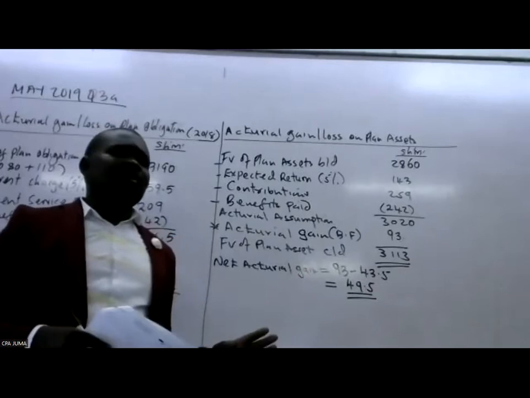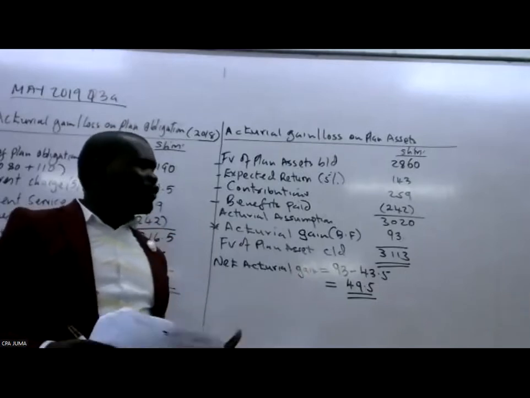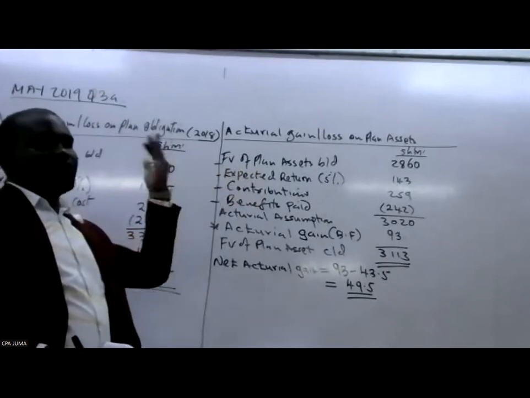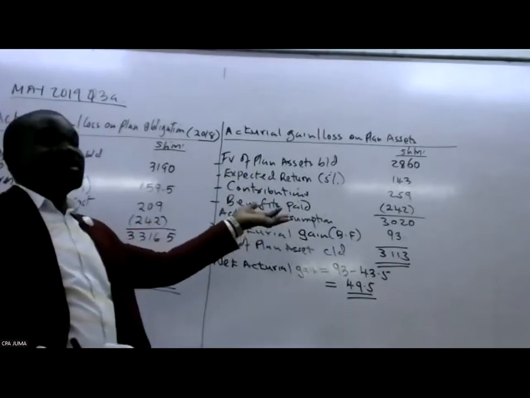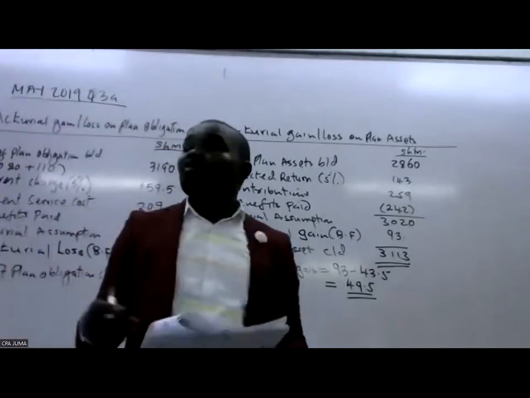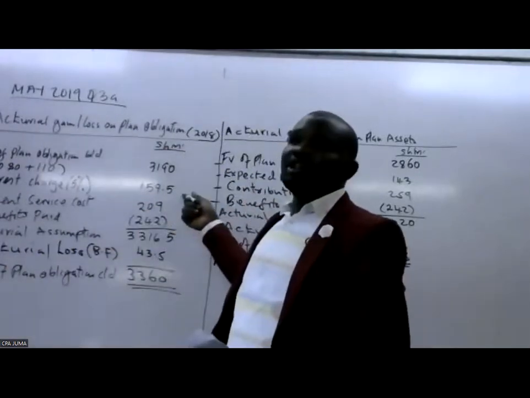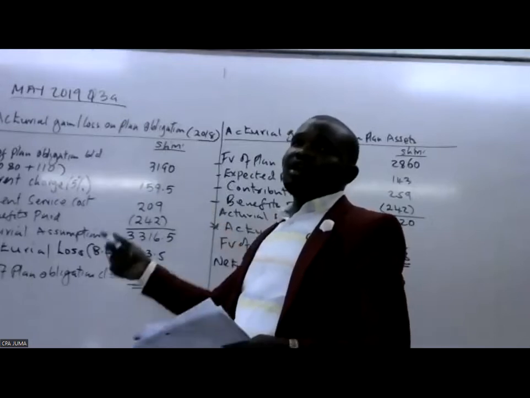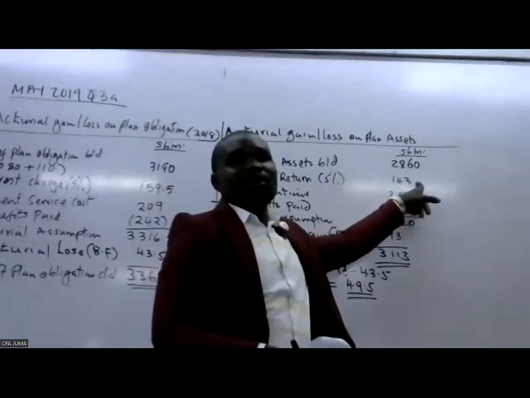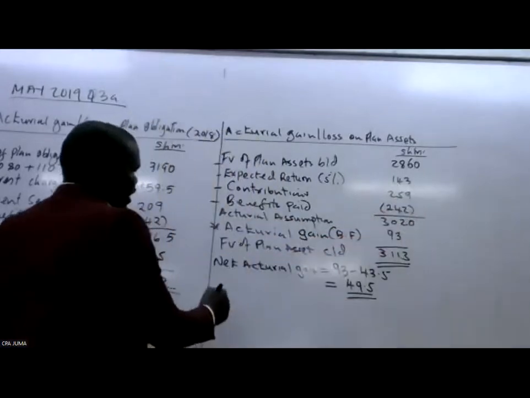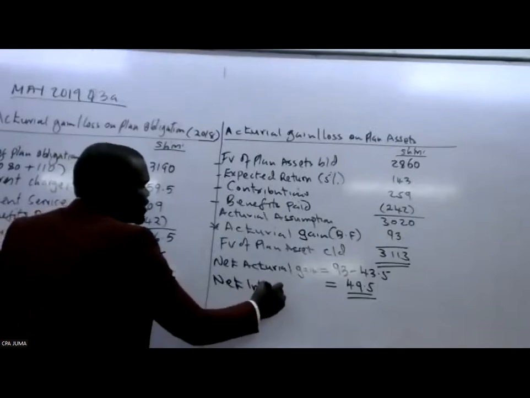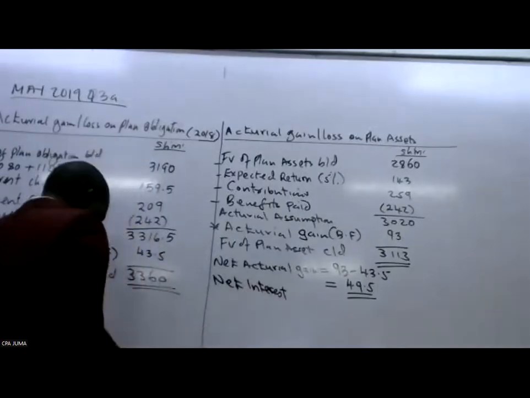Let me not say it's a requirement, but I think it's common sense. The rate was 5%. They were giving us 5%. We were also being charged 5%. So the interest charge, they were to charge us how much? 159.5. And we were to receive on the same rate 143. So net interest, will it be net interest income or net interest expense?